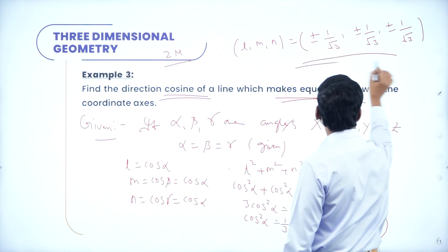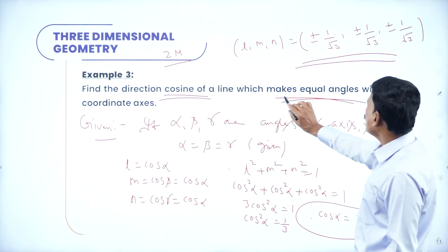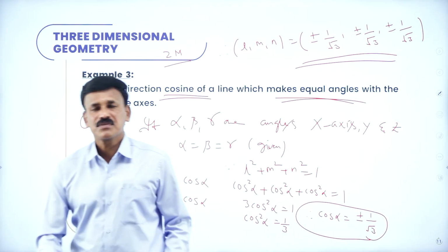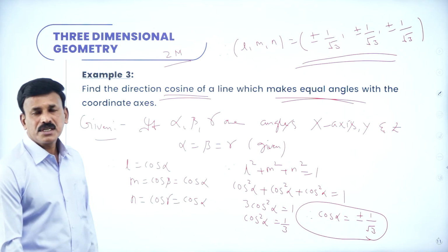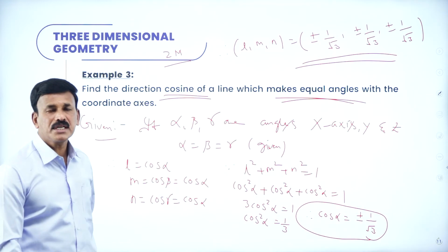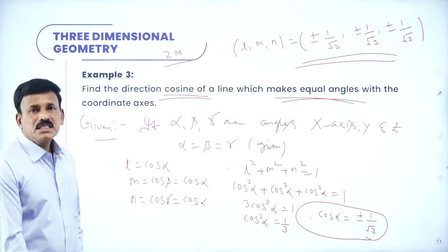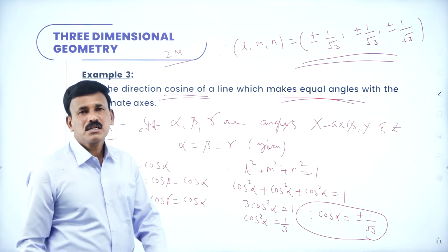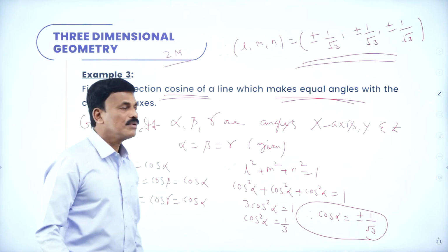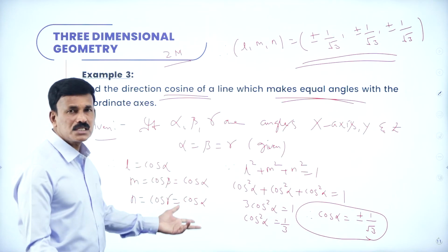These are the direction cosines of a line which makes equal angles with the coordinate axes. Very important problem. That's it. So this is a very simple problem.